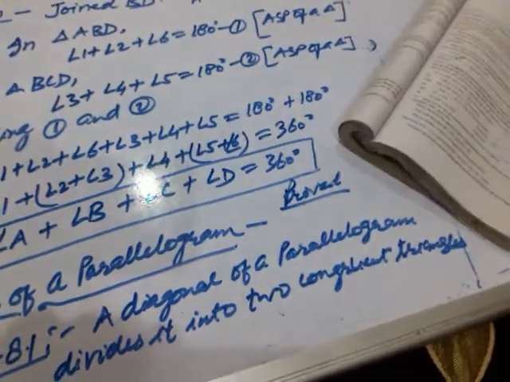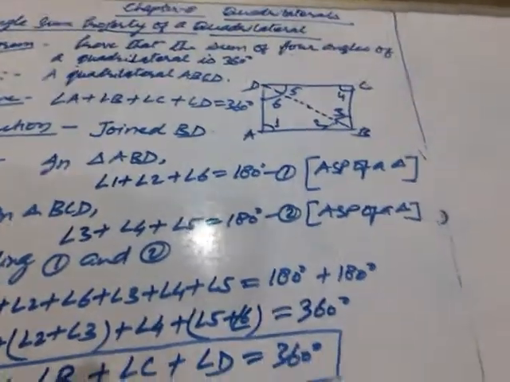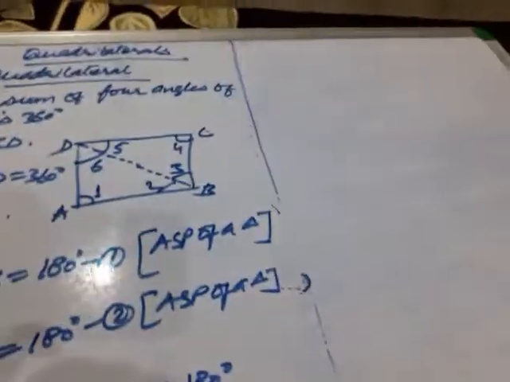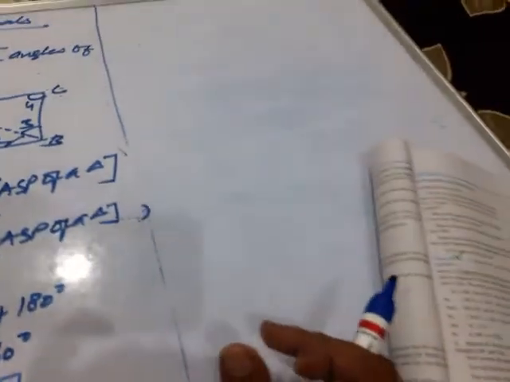Okay, children, now let us start proving this theorem. So let us draw a diagonal of a parallelogram that divides it into two congruent triangles. So what is given over here, children? It is given that ABCD is a parallelogram.